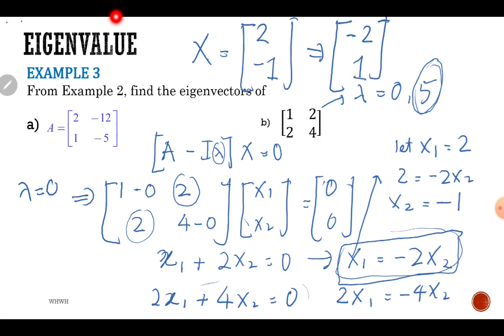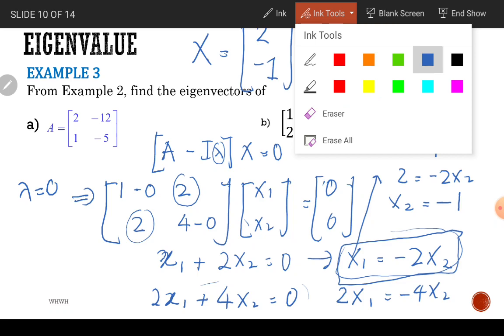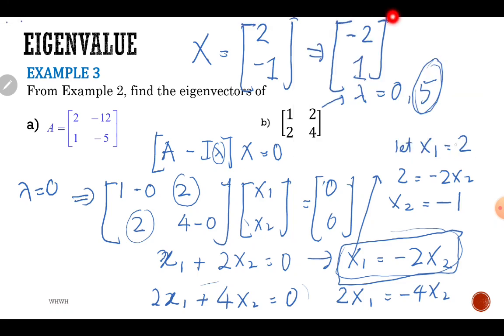Okay, tak percaya tengok. You boleh jadikan let x1 jadi negatif 2. Then your X2 akan jadi positif lah. Kan? Negatif 2 bahagi negatif 2 jadi positif 1. Faham? As long as it satisfy the equation X1 equals to minus 2 X2. Okay? So these are the two possible options for our eigenvector.